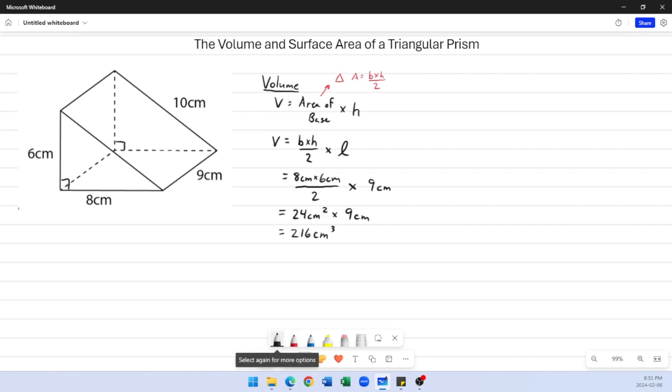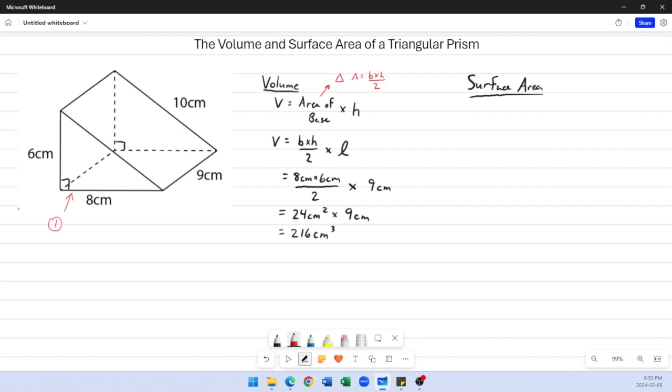Alrighty, moving right along. Let's go for the surface area. The first thing I need to do is look at the different sides of my prism. So we're going to say side 1 is the triangular side.